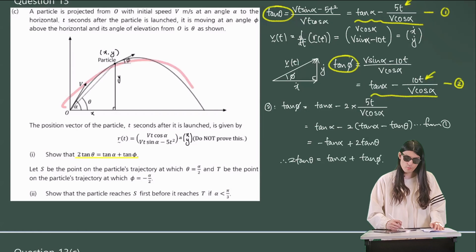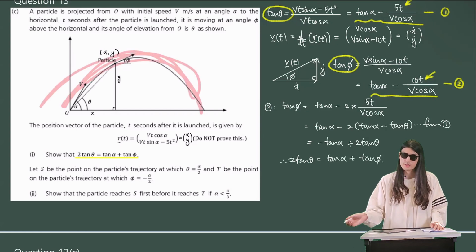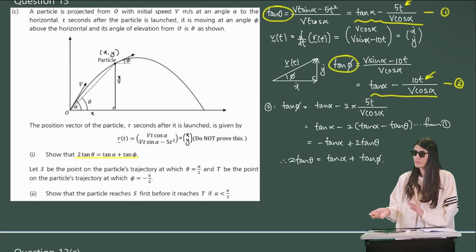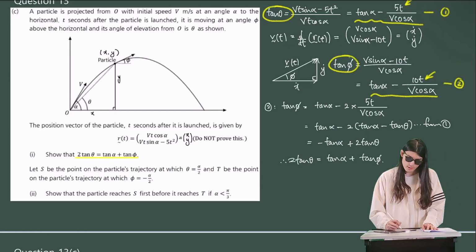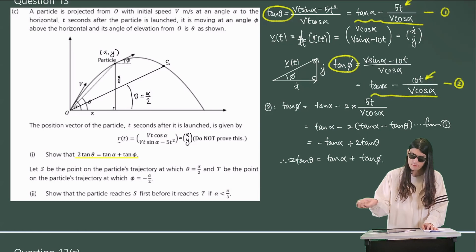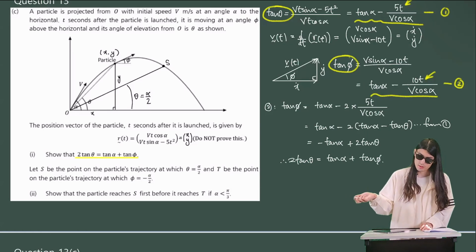In other words, guys, it's somewhere on this thing, on this parabola, where theta is equal to alpha on 2. So in other words, it'll probably be somewhere around here, point S that is, such that angle theta over here, right, is half of the launch angle alpha.